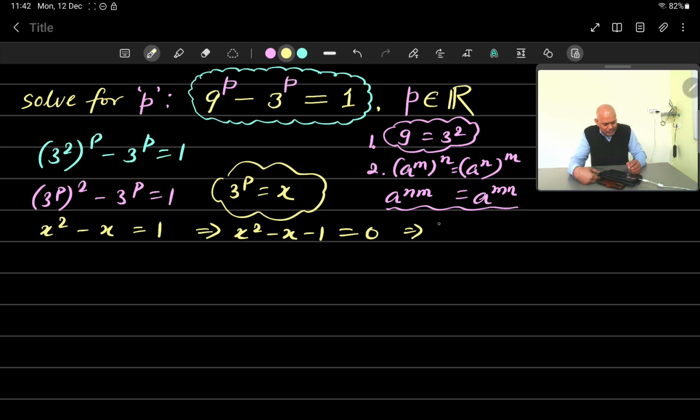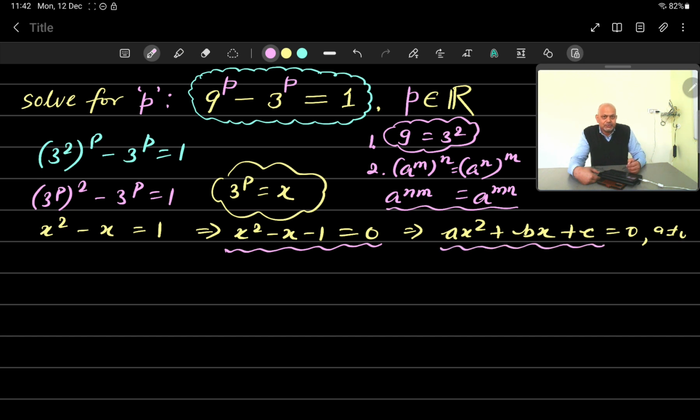The form of a quadratic equation is ax square plus bx plus c equals 0, where a is not equal to 0. You can compare this equation with this one.